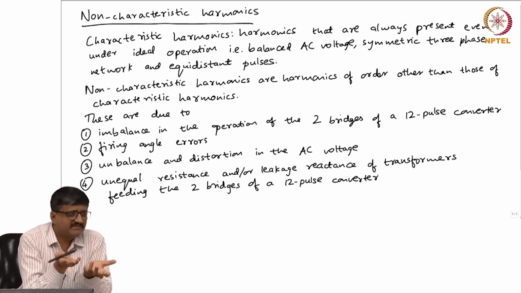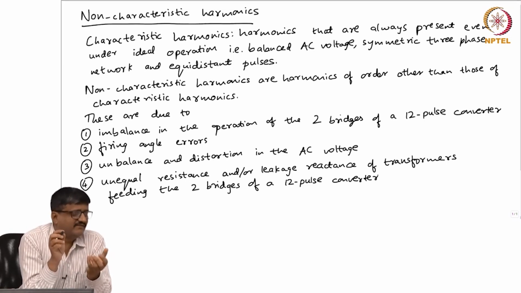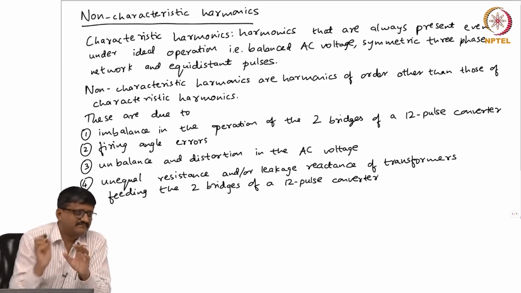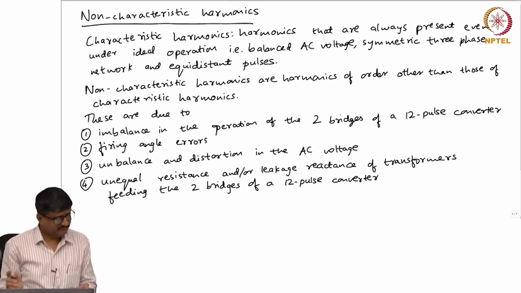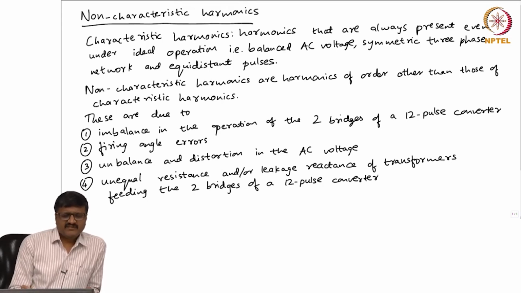Now in practice both are the same. So that's what we get in practice. Mathematically 0 and non-zero are different, but in practice what we mean by 0 is negligible. So these are the reasons which result in non-characteristic harmonics.